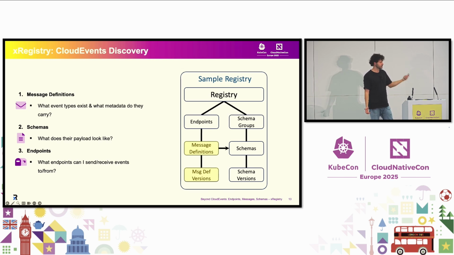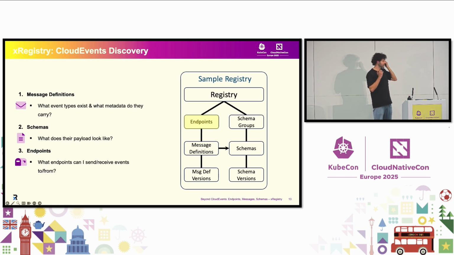They have a definition and they can be versioned because events change over time. And they are related to the schemas. That is our actual letter, the payload of an event. And we have schema groups, we have the schemas itself and the versions of those schemas because they as well do evolve. And the last thing we defined would be endpoints, where you could register your post boxes basically.